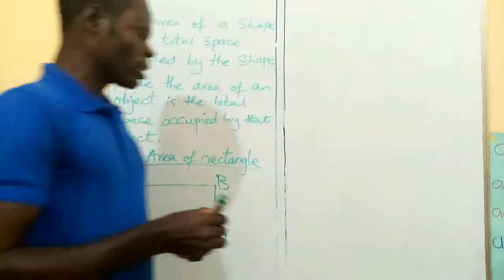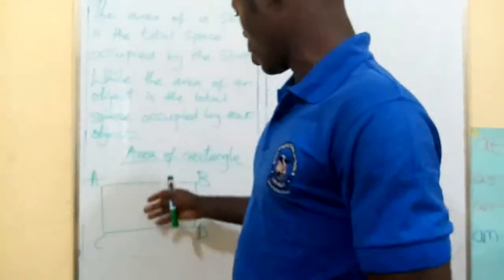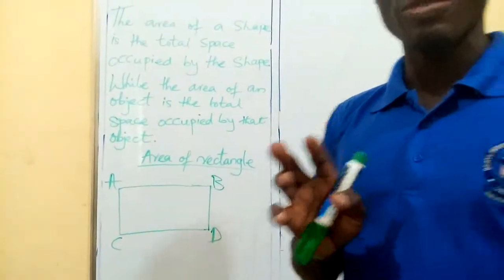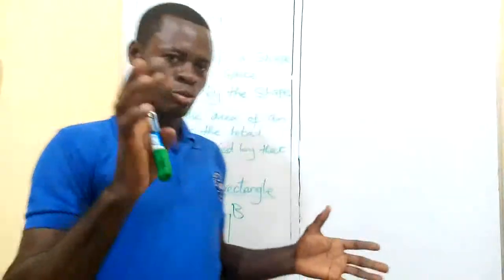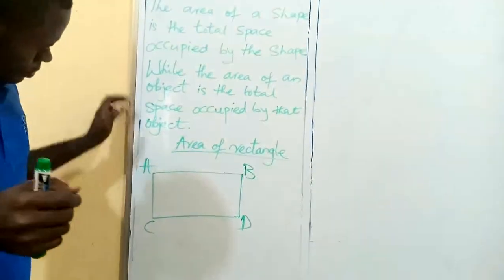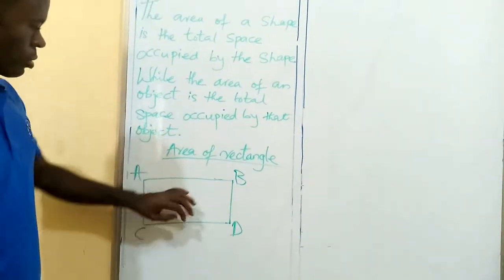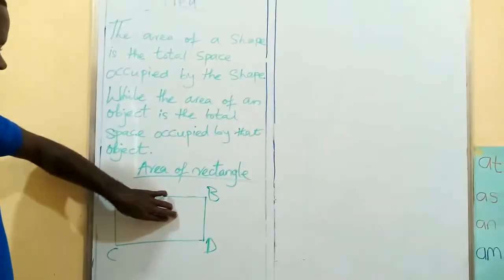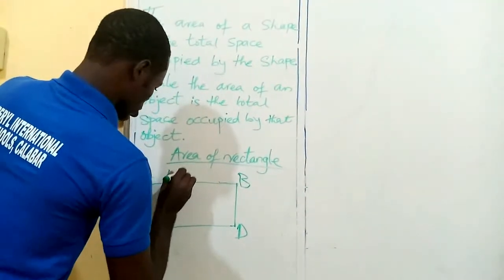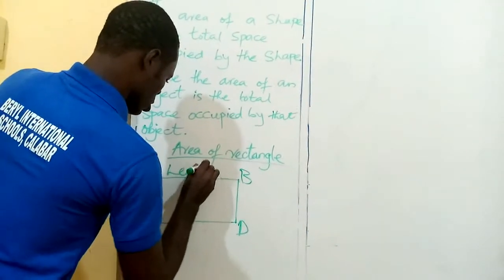Alright, the next thing we'll be looking at is the formula for calculating the area of a rectangle. Please, you have to be very attentive because we'll be using this formula in solving problems. What is the formula for calculating the area of a rectangle? This side is called what?